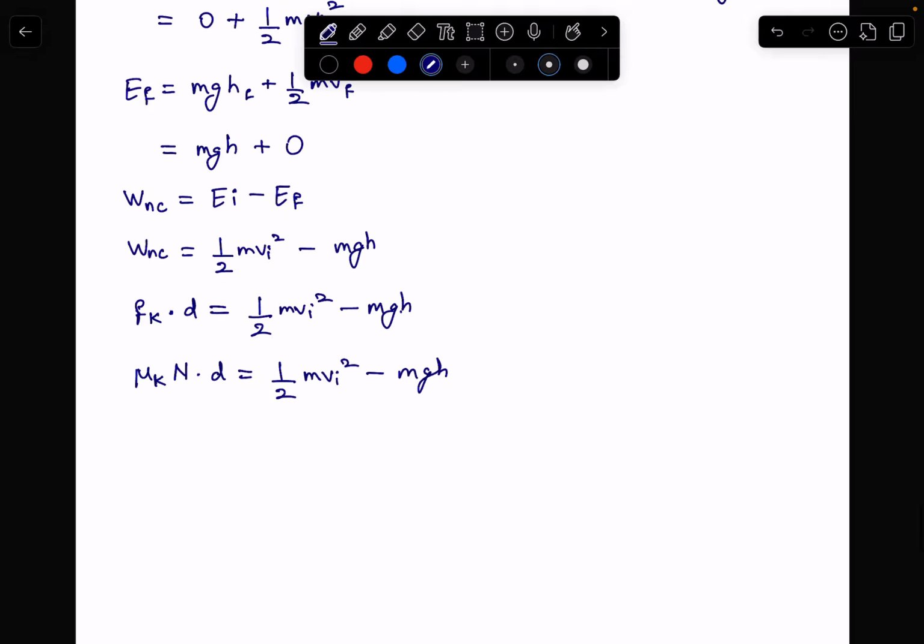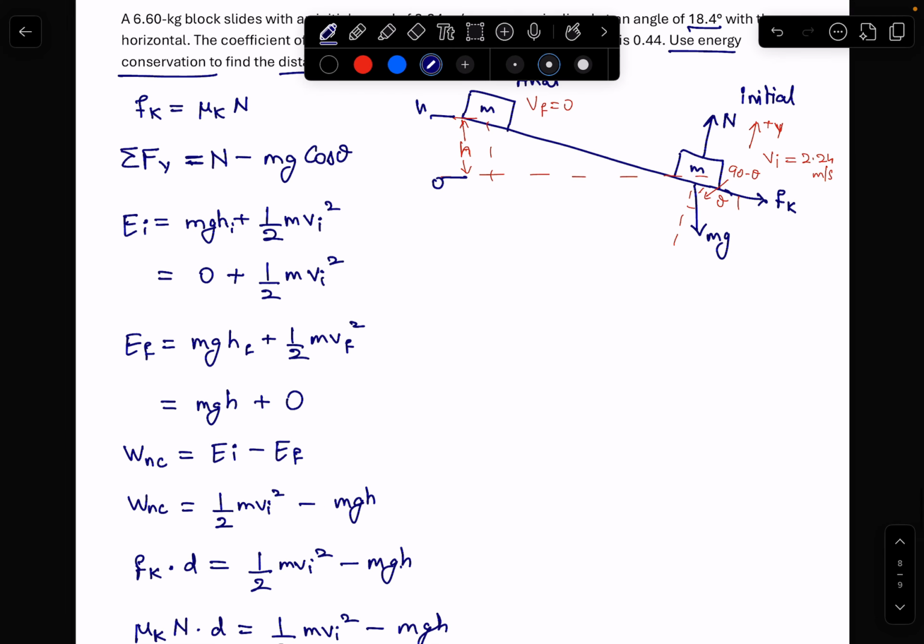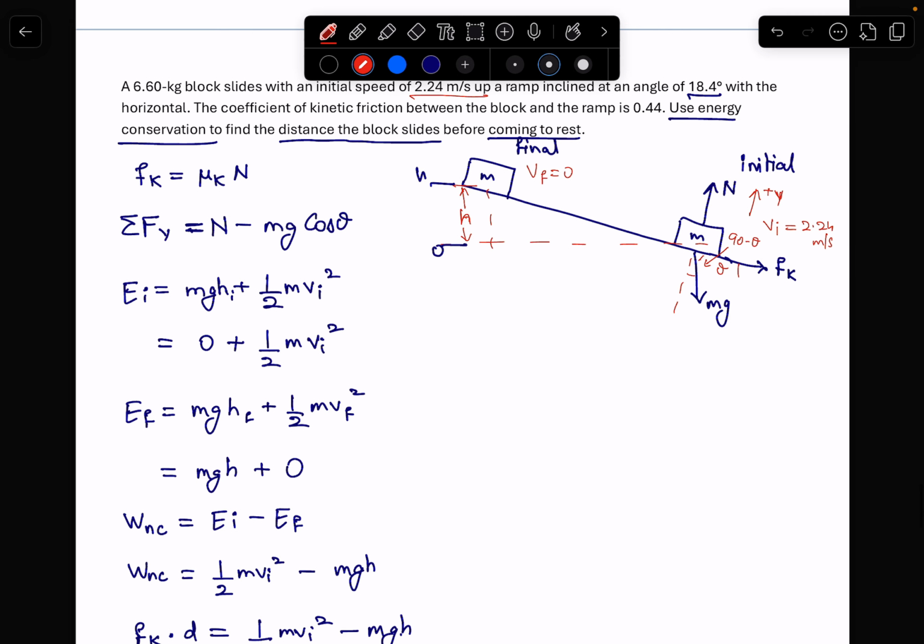And now I need to figure out how much friction is acting on this. So this particular object is moving in the x direction. So this is positive x, this is positive y. So it shouldn't have any acceleration in the y direction.